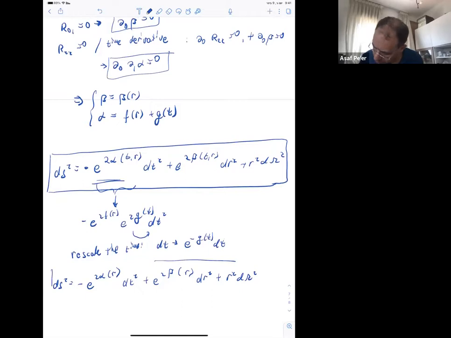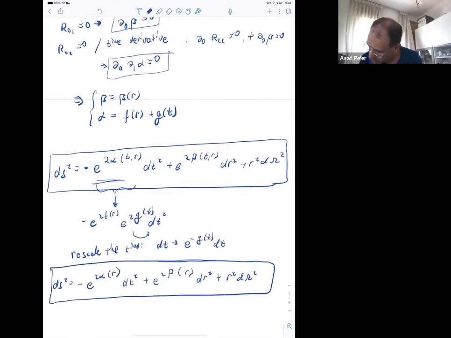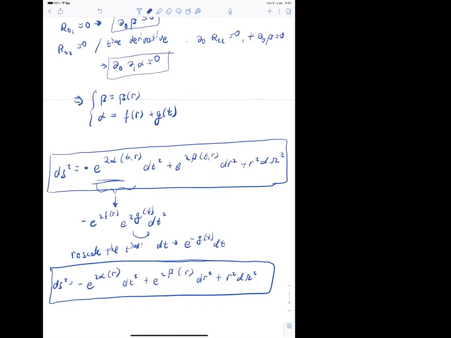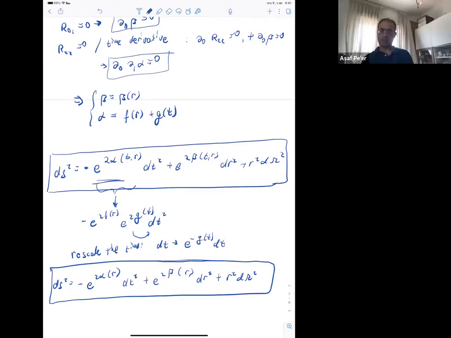So what did we find? What can we say about this metric? Diagonal? Yes, but that's how we constructed it. But there is something which is more associated with killing vectors.